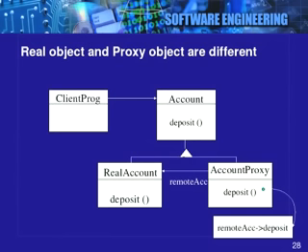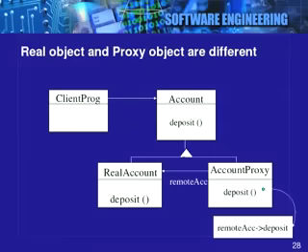This is a solution. For example, you have an account object which is a remote object, and you want to make a transaction on the account object. Now the client program can be given an instance of this account proxy which implements the interface provided by the account object, that is deposit. The implementation is given in this small box. You are calling deposit on the remote actual object, remote account. This is the real account which also implements the account interface, that is deposit, and account proxy has a link to the remote account.